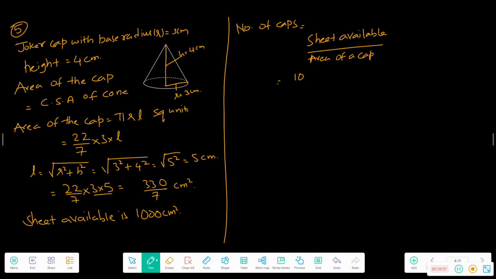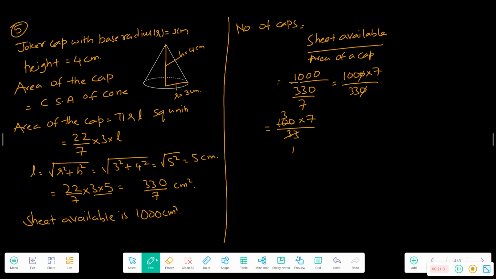So sheet available is 1000 by area of cap, which is 330 by 7. So it will be 1000 into 7 by 330, the 0 gets cancelled. Here it is 100 into 7 by 33.